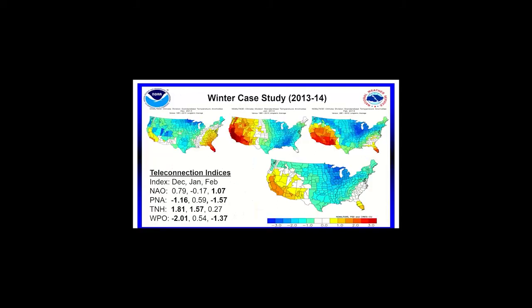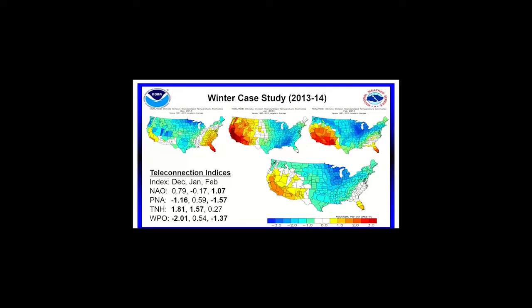As well as this TNH contribution. If you look at the month-to-month variations here, and then the total winter and standardized anomalies, and then compare that to the CPC teleconnection indices, the WPO pattern from CPC most closely corresponds to this WPO pattern, with very strong negative projections, especially in December and February.